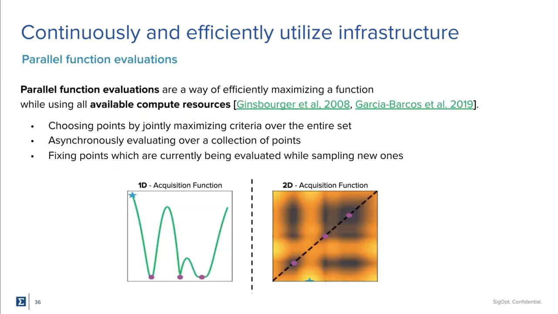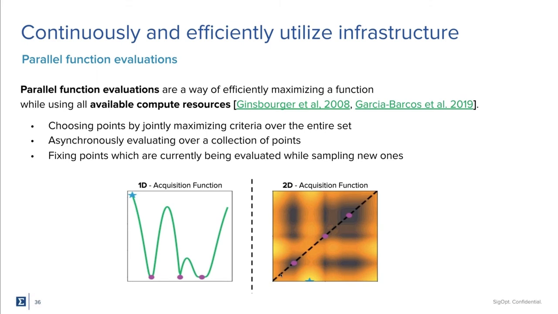And again, this takes a rephrasing of the underlying black box optimization problem as it's traditionally written in a lot of the open source or in the academic literature, and basically says, instead of sampling a single point or wanting a single point to try next, how do we rephrase that problem to try to find multiple points to suggest to do next?